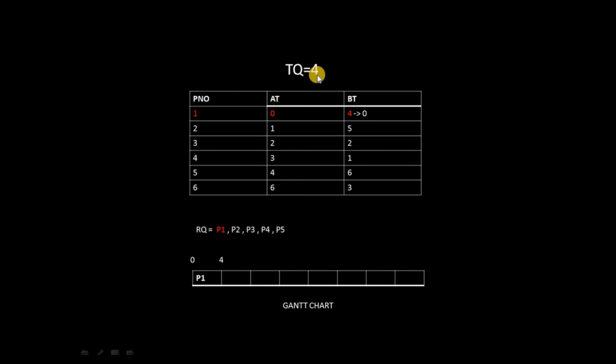Time quantum value is 4. So we can take 4 for the P1. So the value will be 0 for P1, and P1 is done, and when P1 leaves the CPU, the value is 4.